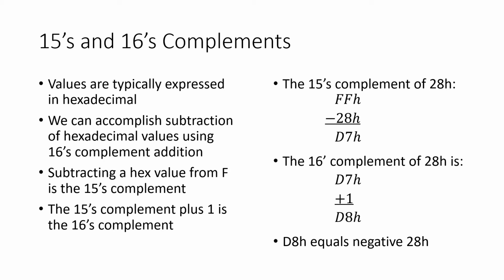And if I add 1 to the 15's complement, I get the 16's complement. So the 15's complement of 28 in hex is D7. The 16's complement of 28 is D8. So what this means is that D8 equals negative 28.